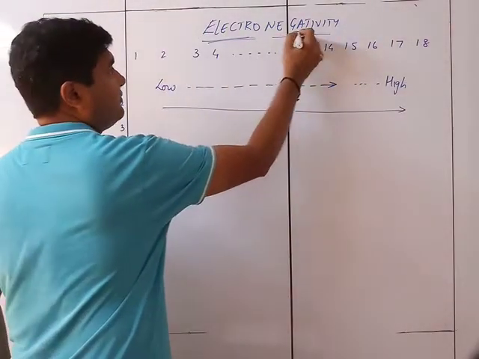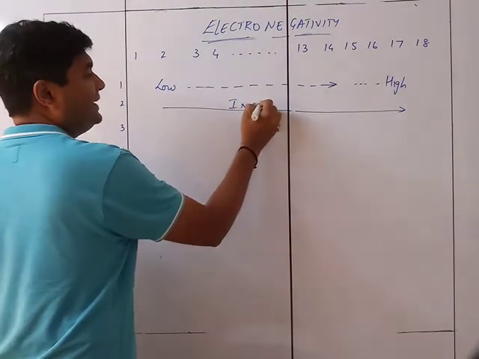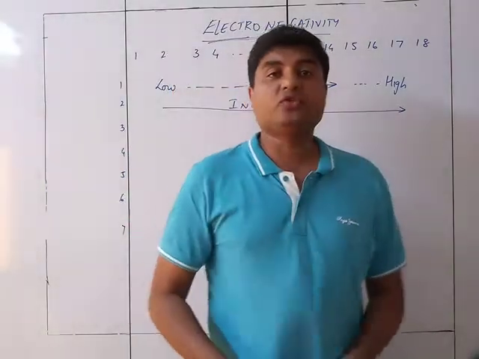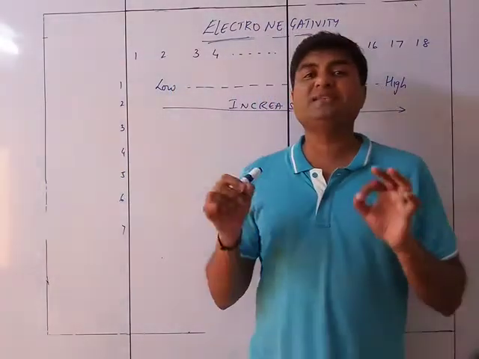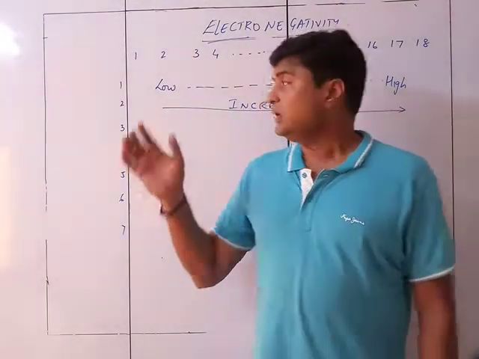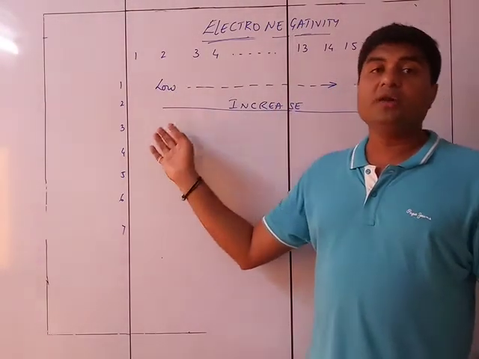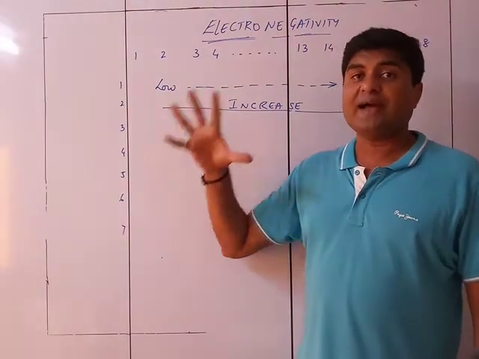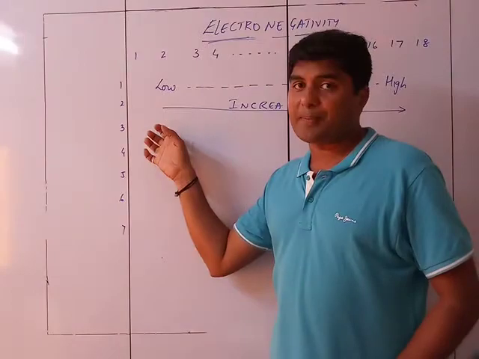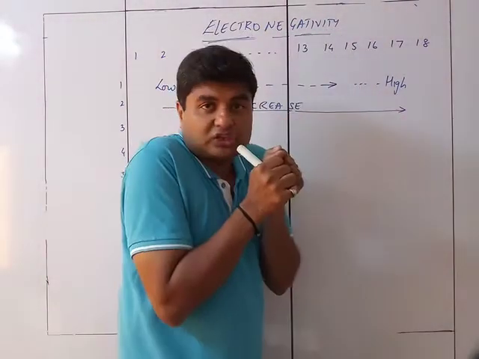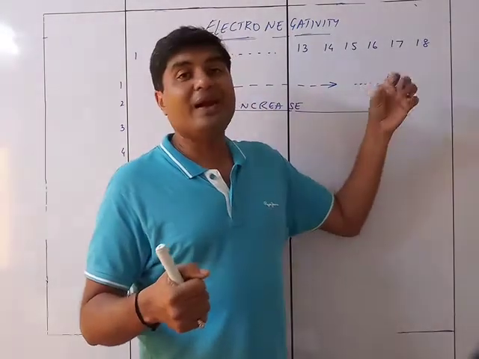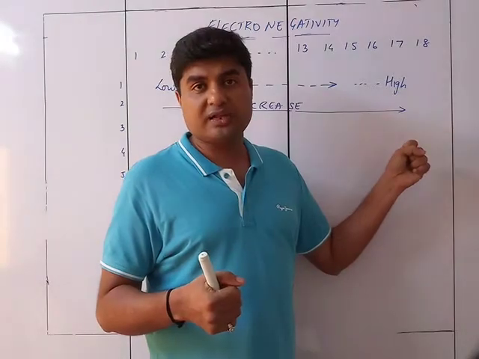Accordingly, what we see is that when I go from left to right in a periodic table, the electronegativity is always going to increase. Again, the reason is the same as that of ionization potential and electron affinity. What is the reason? When I go from left to right, over here the nuclear charge is less, the size of the atom is big, so automatically the capacity to hold the electron towards itself is lesser, whereas over here the atoms shrink, they are smaller, and the nuclear charge is stronger, hence it will attract the electrons much more towards itself than these ones.